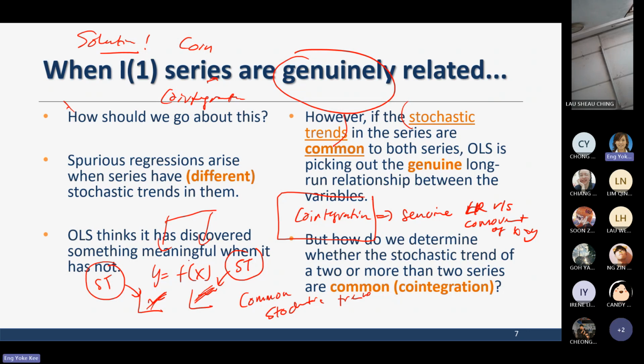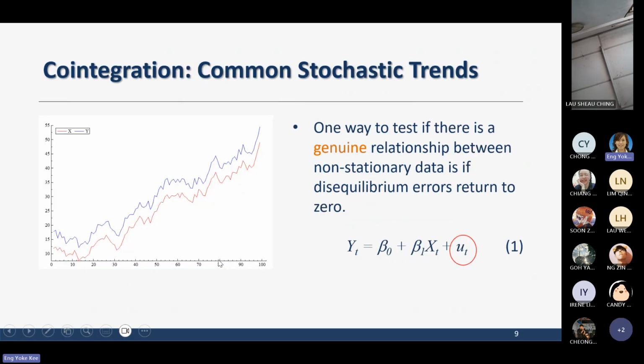So if there is a common stochastic trend between these two data, we say that there is a long-run relationship, there is a co-integration, there is a genuine relationship. That is the concept of co-integration in a loose term.